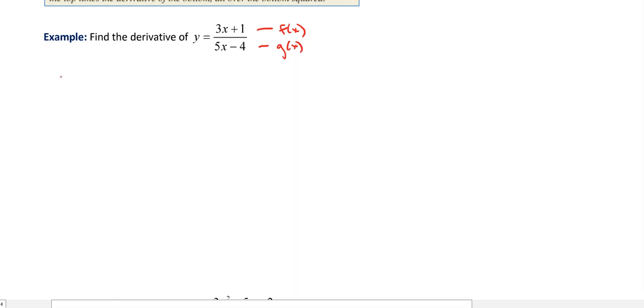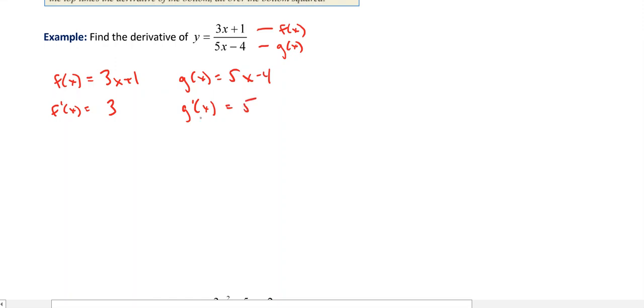So just like with the product rule, let's start by writing out f of x and its derivative, f prime of x, which in this case is just 3, and g of x, which is 5x minus 4, and its derivative, which is 5. And then let's put it together in the formula.